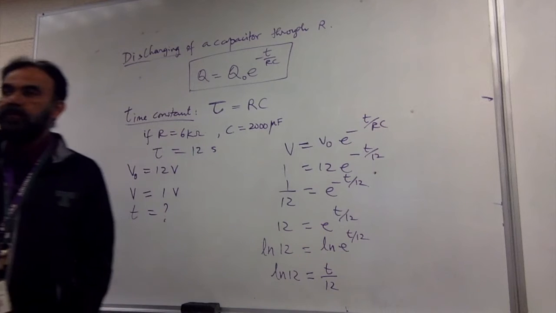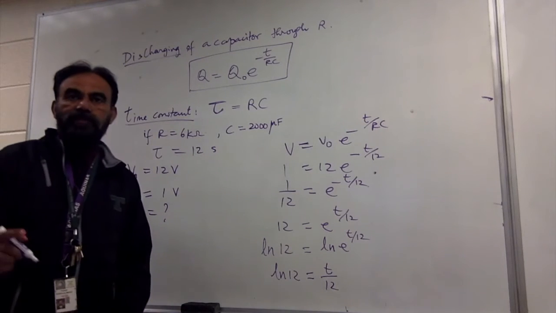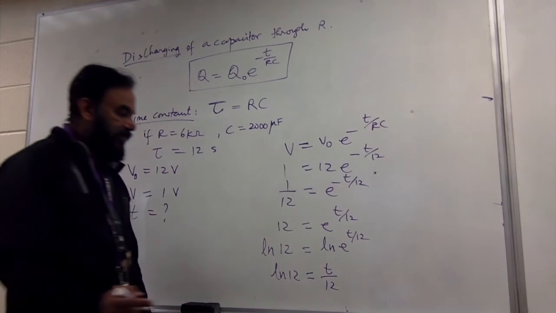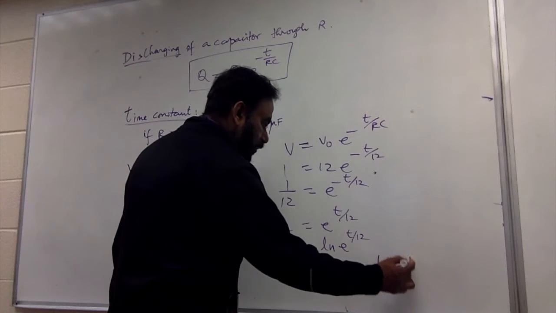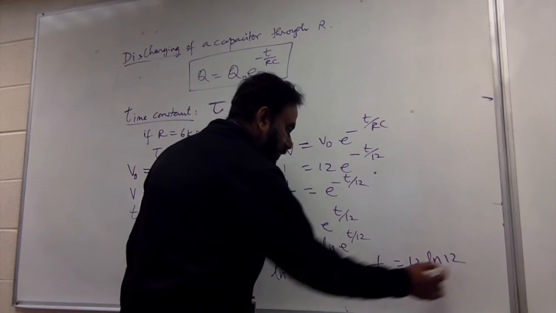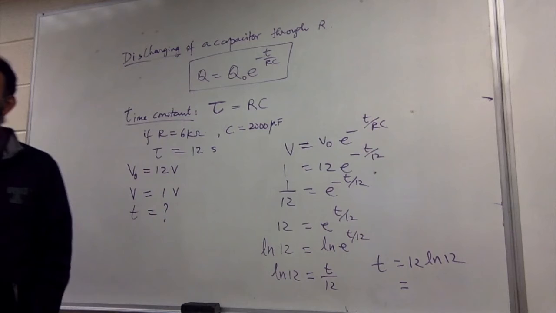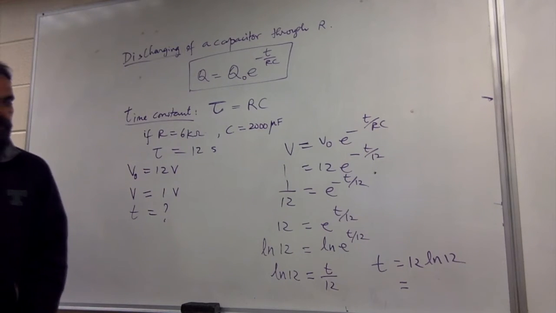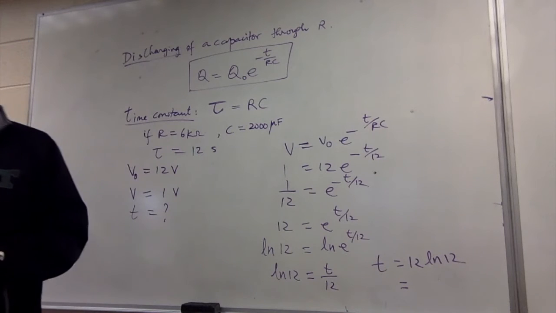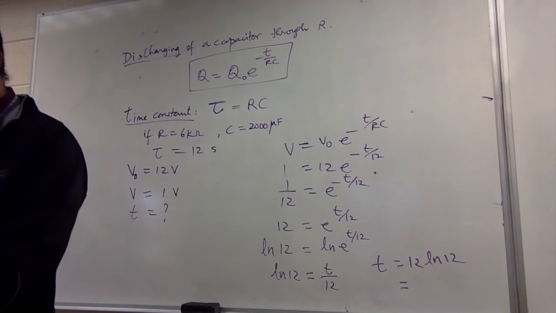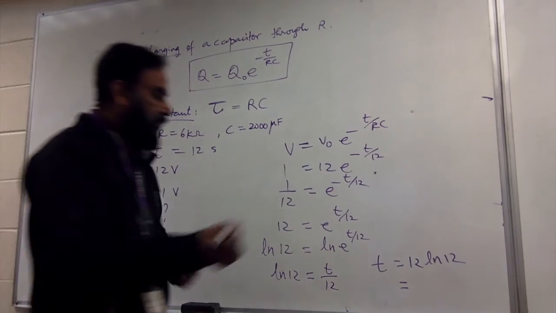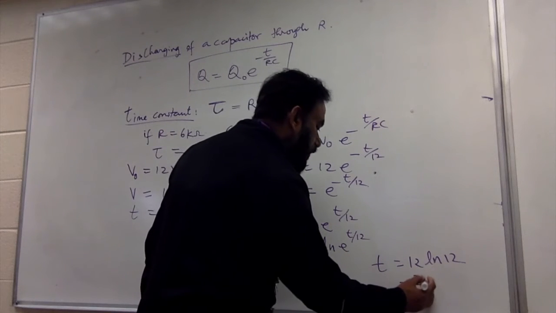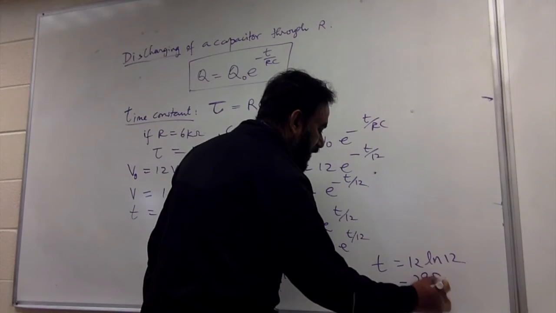That's it, because natural log of e is 1. So how much is the time? 12 times natural log 12. Tell me the answer. 29.8 seconds.